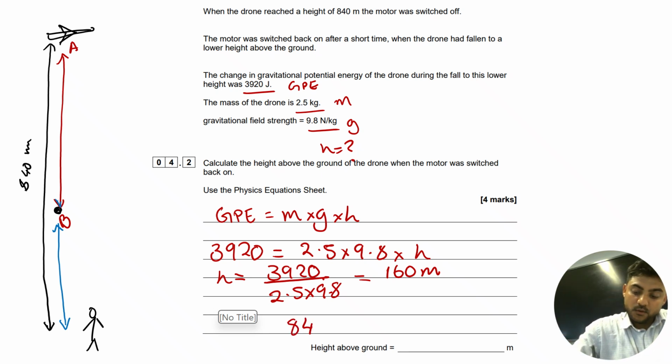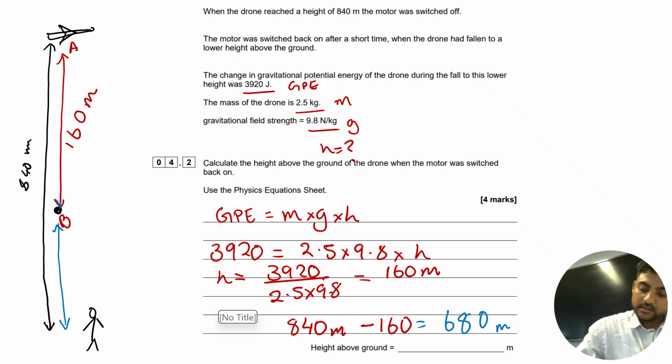It's 840 meters minus 160 meters, which is equal to 680 meters. That's your answer. Now I know I drew it a little bit off scale, but you understand it from the calculation.